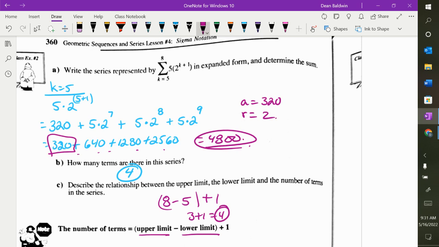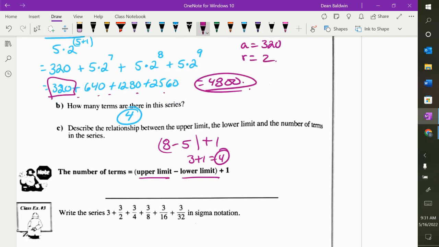So if I gave you something that looked like this, sum from n is equal to 5 to 60 of who cares, whatever, and I said, how many terms are there?